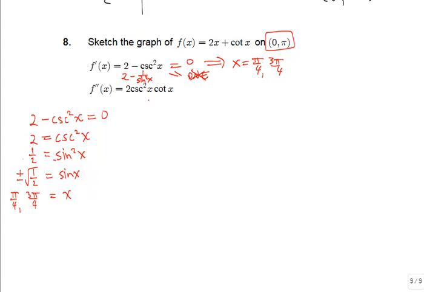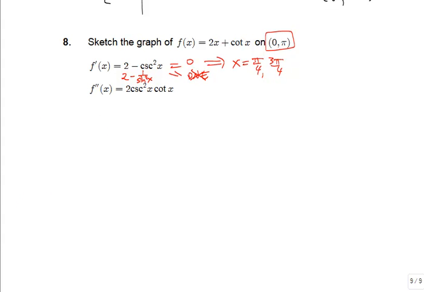Now let's take a look at the second derivative. Again, I prefer not to deal with the cosecant squared and that cotangent. I'm going to change everything into sines and cosines. So this would become 2 times 1 over sine squared x times cosine x over sine of x. So this is like 2 cosine x over sine cubed of x.